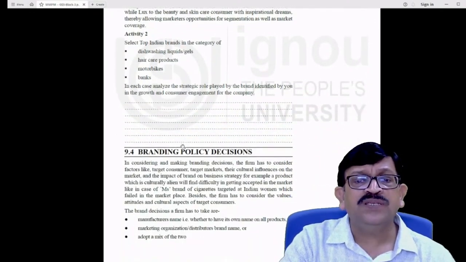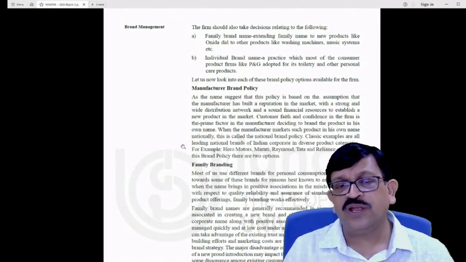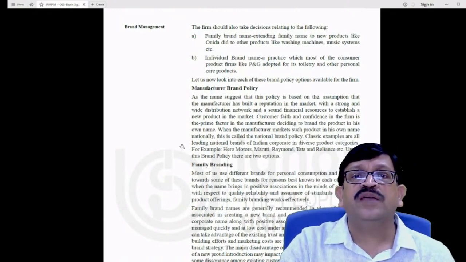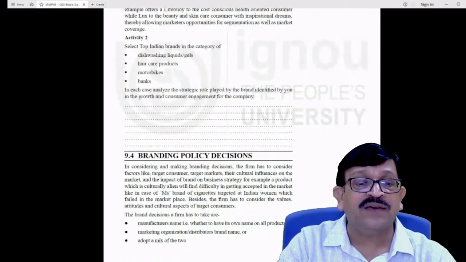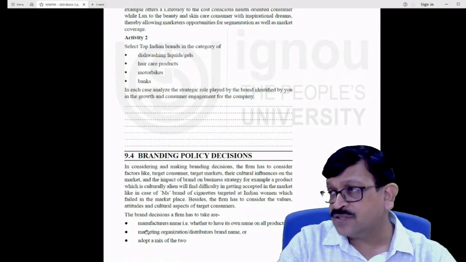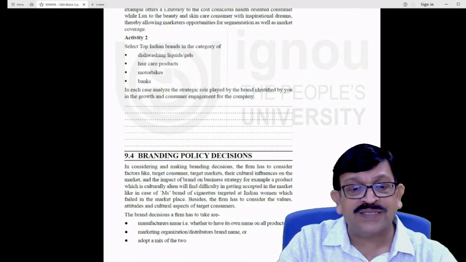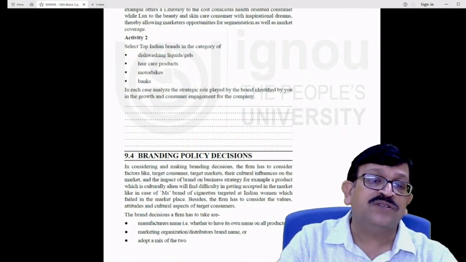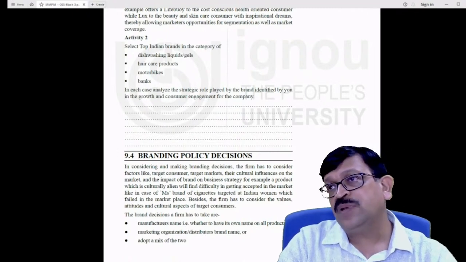There are certain policy level decisions which one can take in terms of branding. So broadly, if you can see here, branding must have a few things. As you can see here, the manufacturer's name, of course, if possible, but not necessarily all brands have the manufacturer's name. Another thing you need to know is a distributor, or adopt a mix of two.